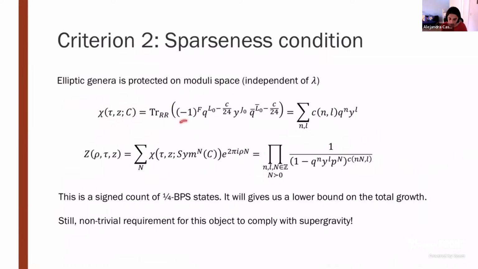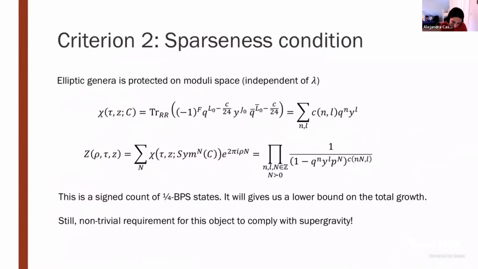You might have thought that the (-1)^F cancels many states, but I can give you an infinite list of elliptic genera that have Hagedorn-like growth. And if you have that type of Hagedorn-like growth, then it doesn't care that you have a deformation. This thing is protected. It means that it's Hagedorn everywhere, and so the partition function also doesn't have any hope to be lowered.